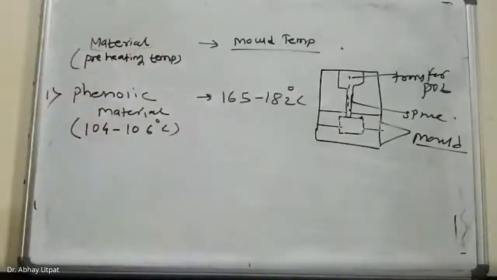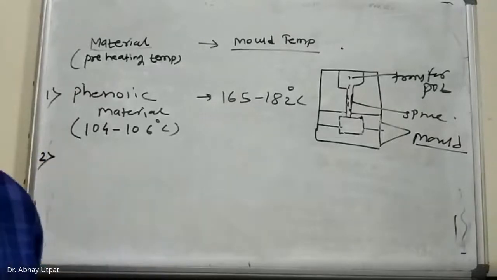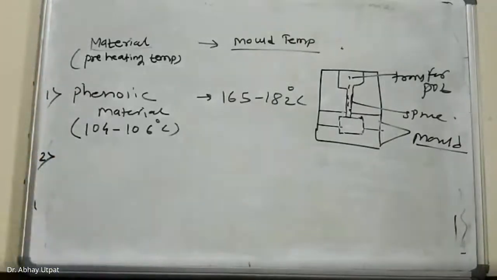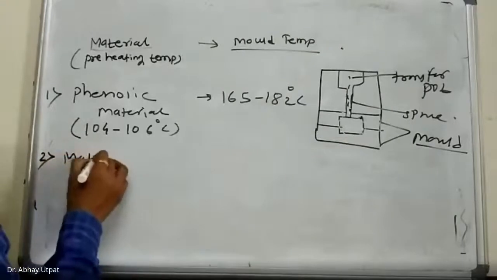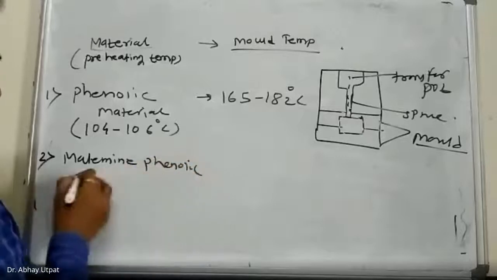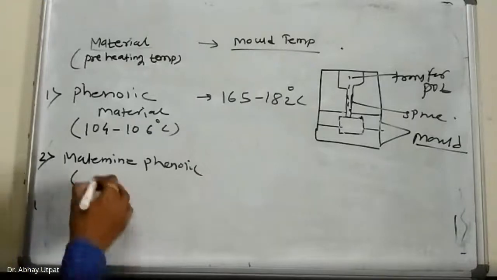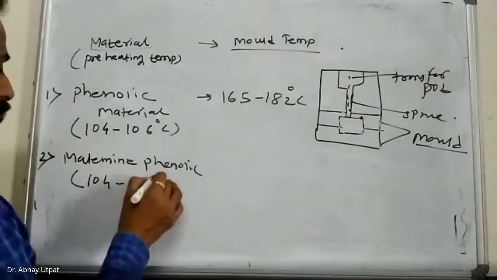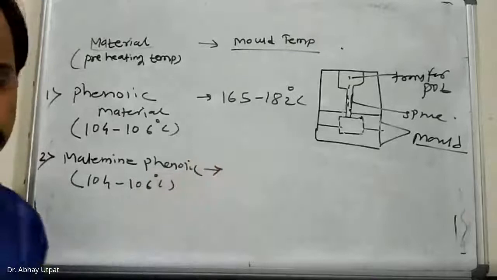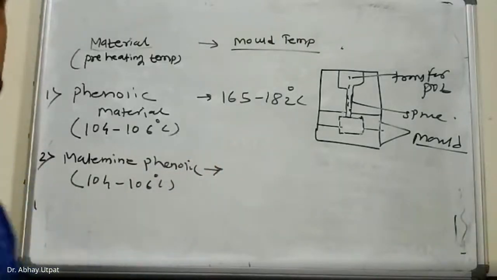So you should maintain the mold temperature for phenolic material at 165 to 182 degrees Celsius. If material is melamine phenolic, then its heating temperature is again the same. Its mold temperature varies from 150 to 170.